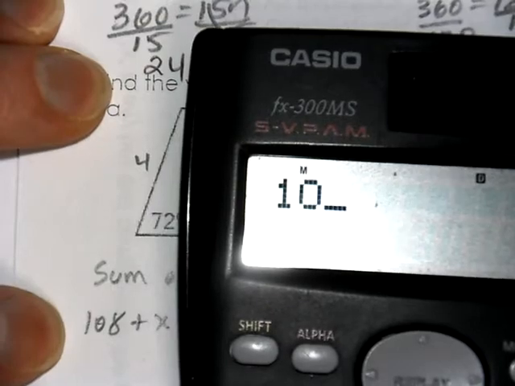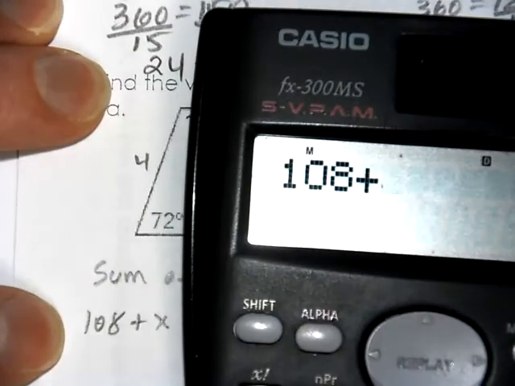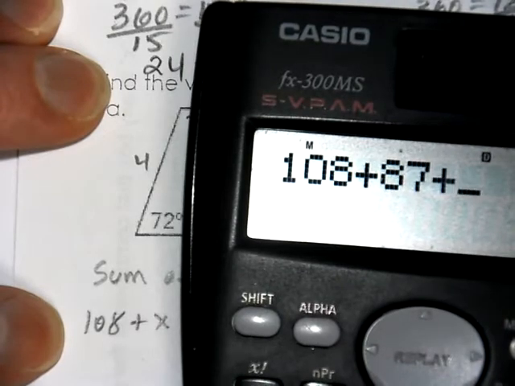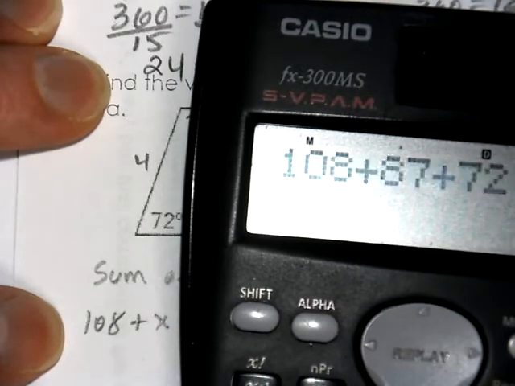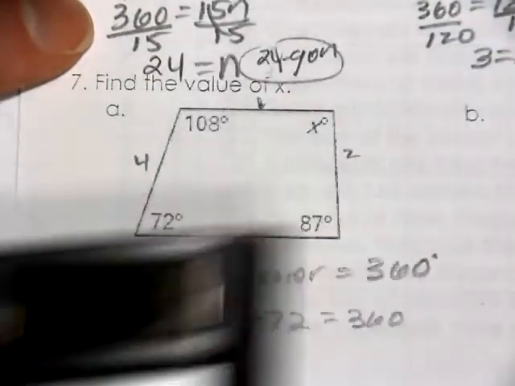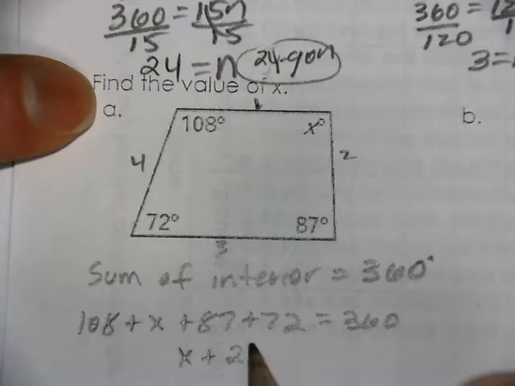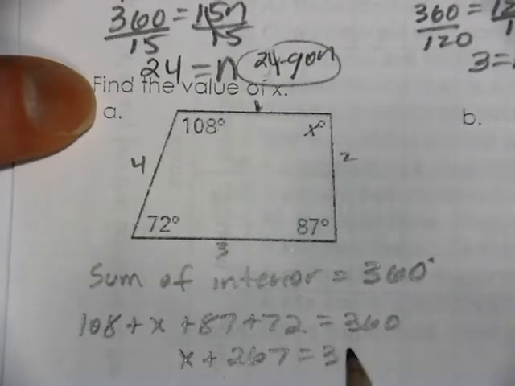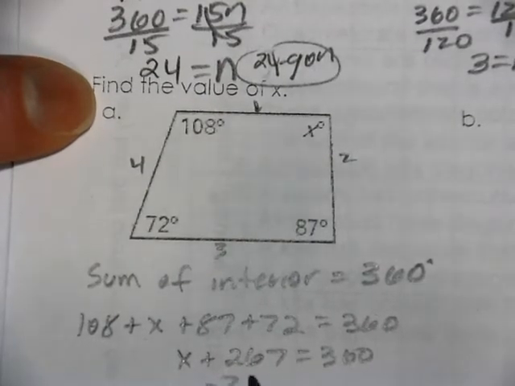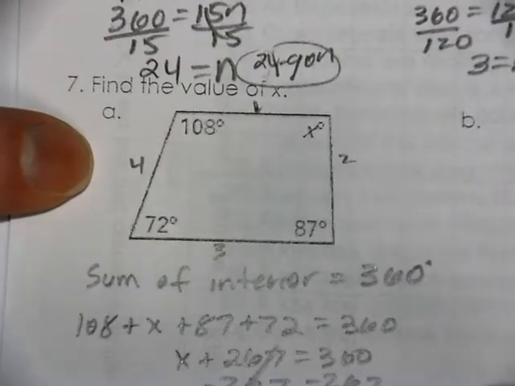So we'll take our 108 plus our 87 plus our 72 gives us 267. Subtract that across.